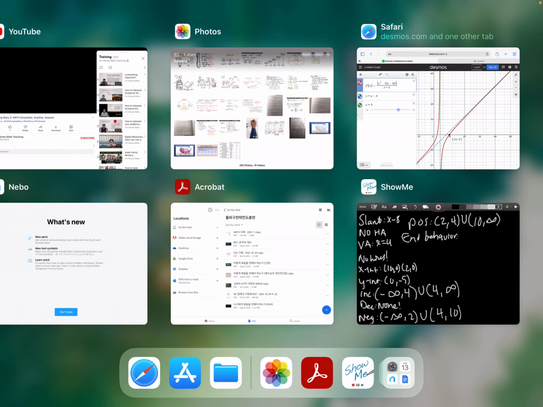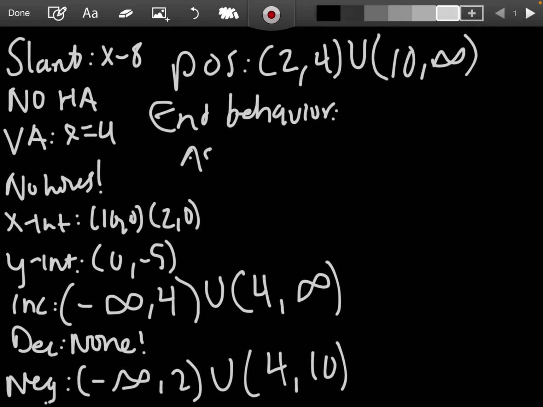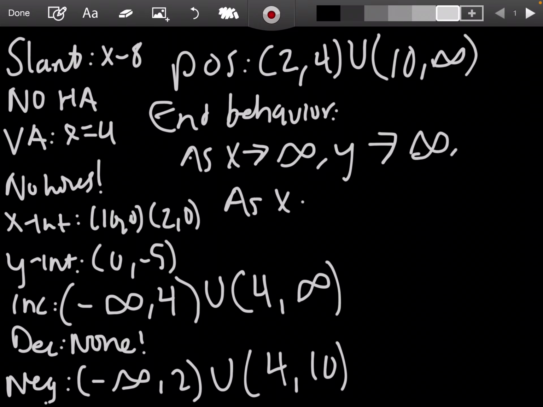So, let's write that down. As x approaches infinity, y approaches infinity, and as x approaches negative infinity, y approaches negative infinity.